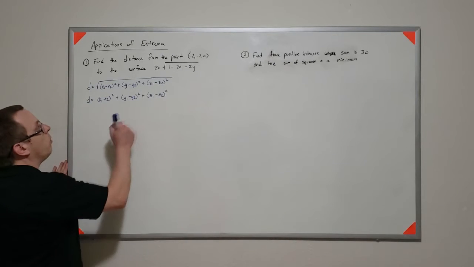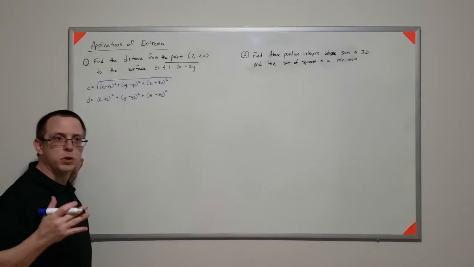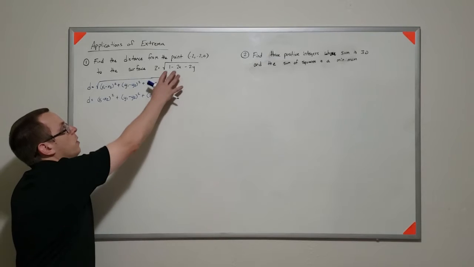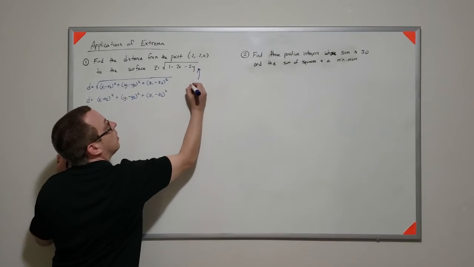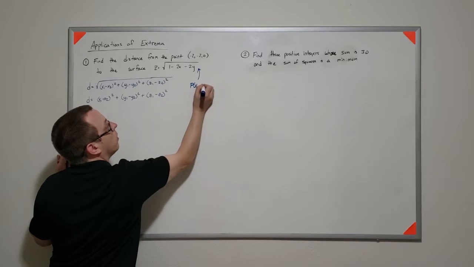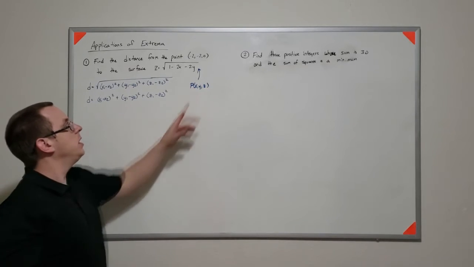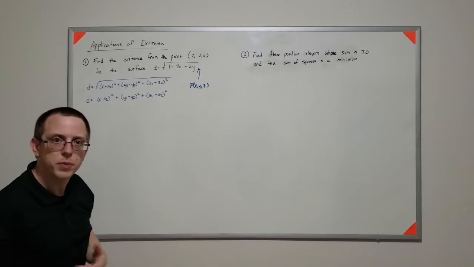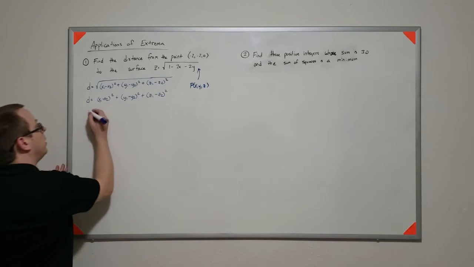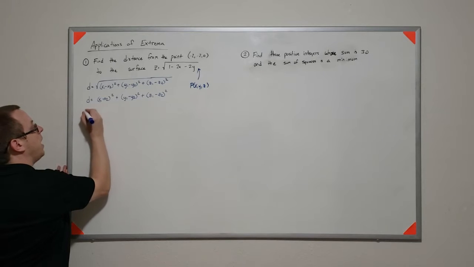And so what we have to do is there's some point on the surface. We'll call that point some point x, y, z. And the distance between that and the point we're trying to minimize. So the way that we construct that is I'm going to call this f.